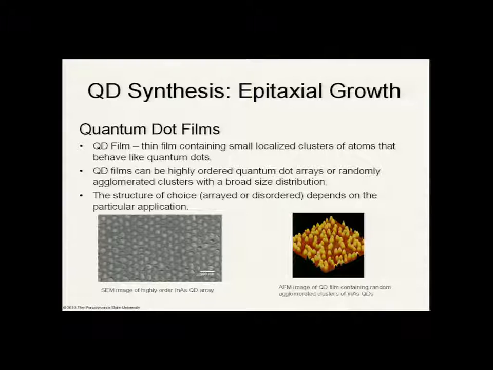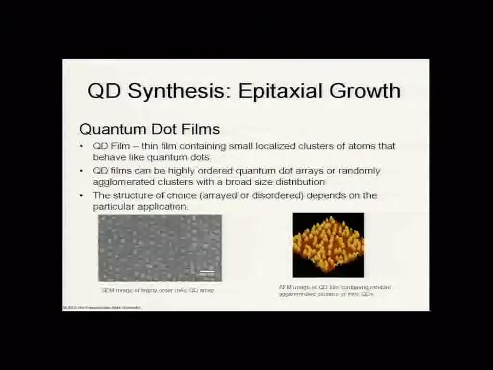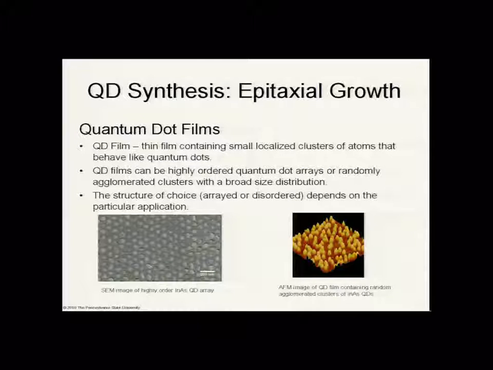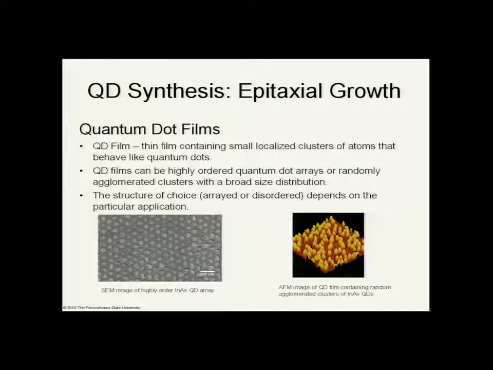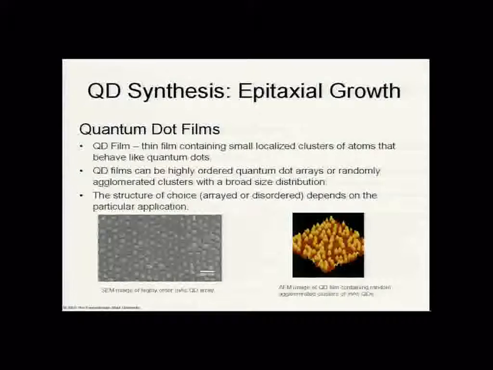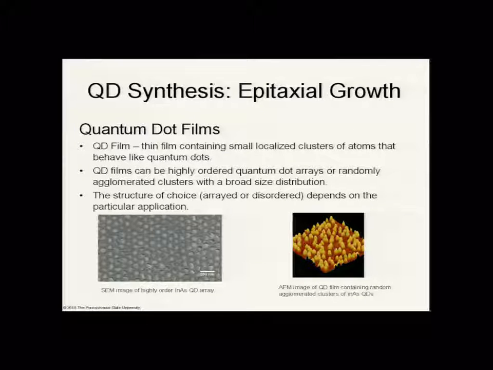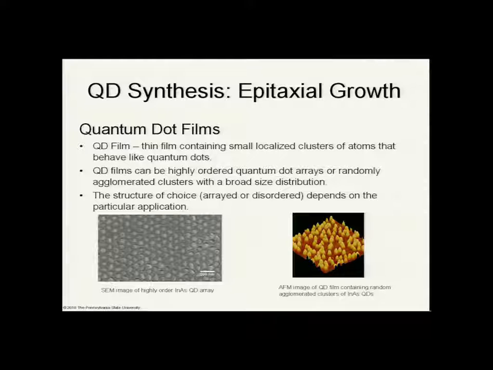In the bottom left, we can see a scanning electron microscope image of a highly ordered indium arsenide quantum dot array. On the right, we see an atomic force microscopy image of a quantum dot film containing random agglomerated clusters of indium arsenide quantum dots. Again, the structure of choice depends on the particular application.